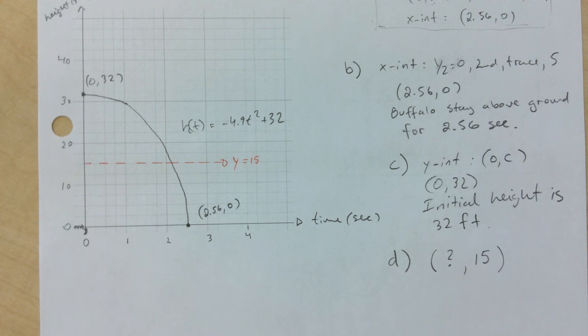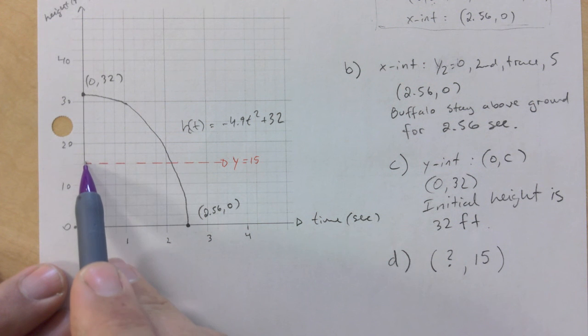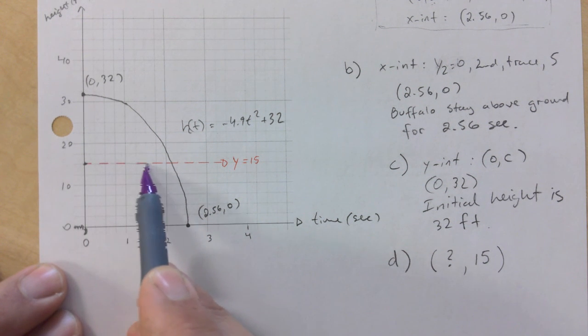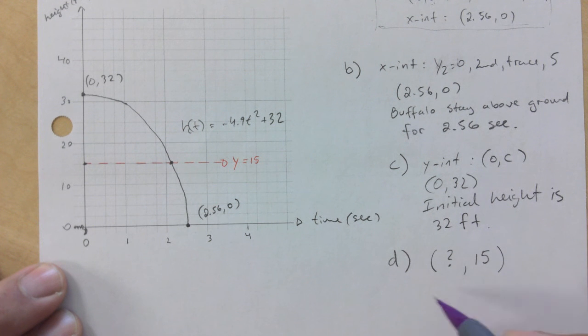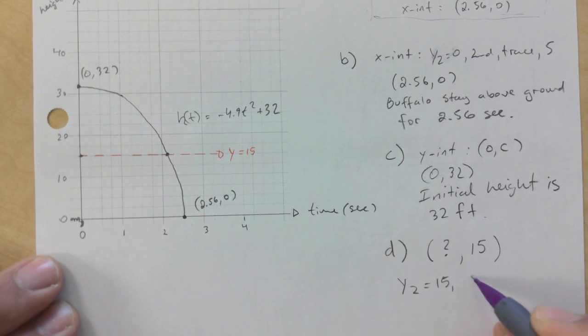So how long? Well, it's from time 0 until you get to this point. That's the point we're interested in. So we're going to make y2 equal to 15 and then find the intersection.